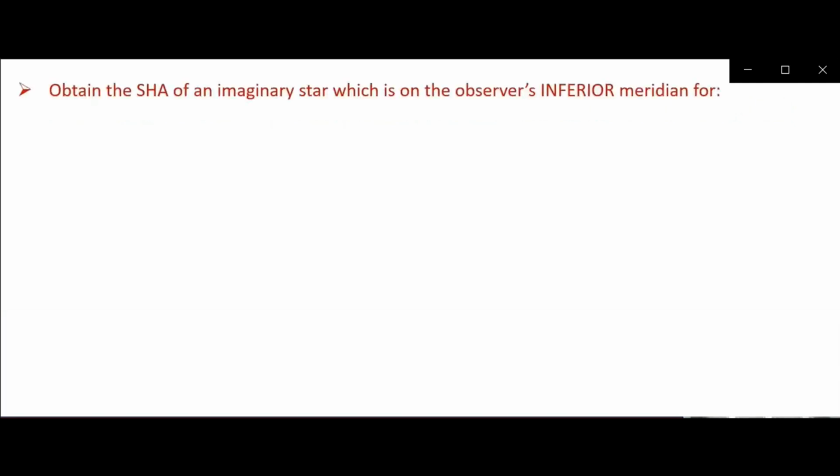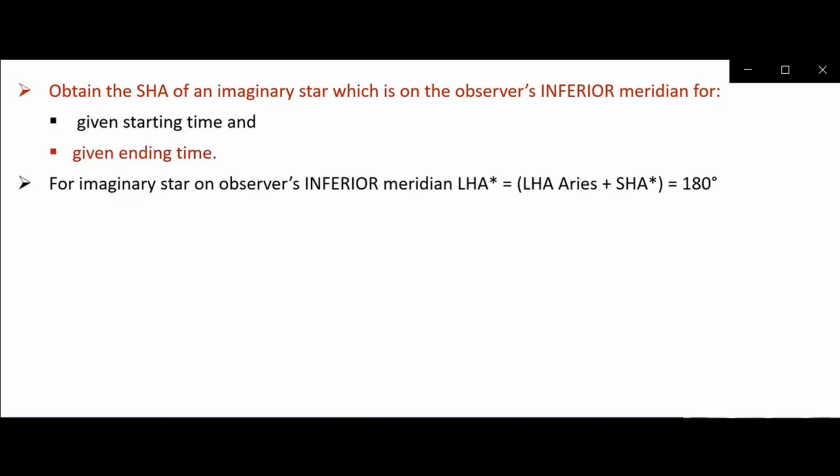Now, for such cases, we'll have to obtain the SHA of an imaginary star which is on the observer's inferior meridian this time, not on the observer's meridian, at the commencement of the interval and at the end of the interval. Because the imaginary star is on the observer's inferior meridian, the LHA of the star shall not be 360, but 180.